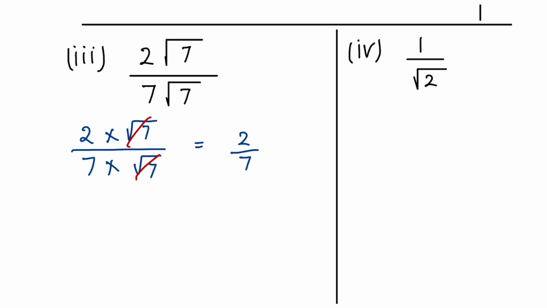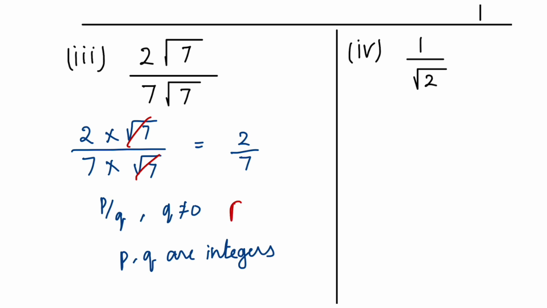And 2 divided by 7 is obviously a rational number because it is of the form p by q, where q is not equal to 0 and p and q are integers, right? So this is the definition for a rational number, and it satisfies all those things, and hence this is a rational number.